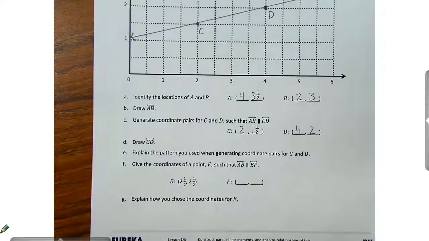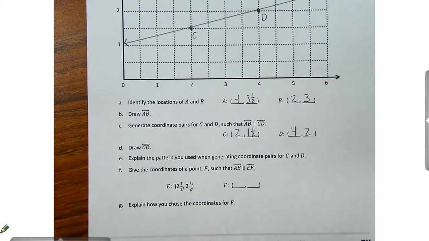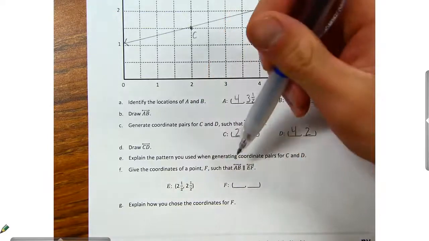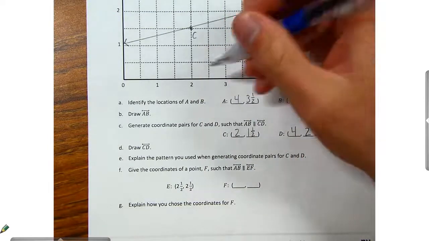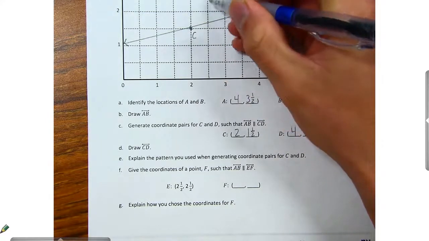Letter F tells us give the coordinates of a point F such that line AB is parallel to line EF, and it gives us a point for point E here. It gives us coordinates, so 2.5 and 2.5.